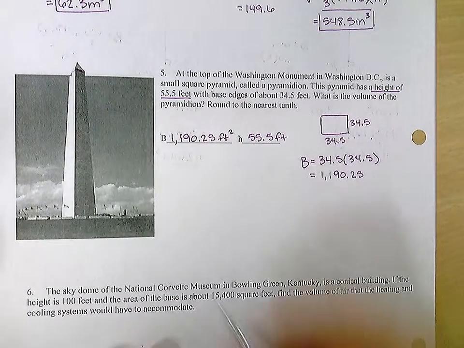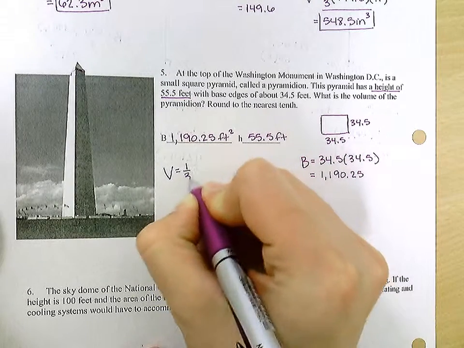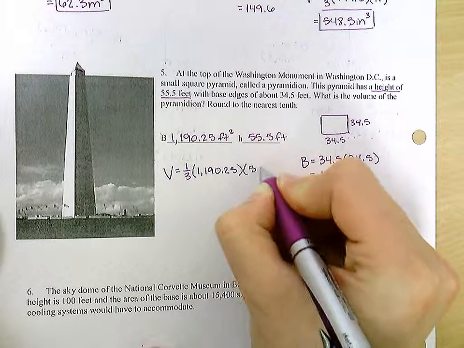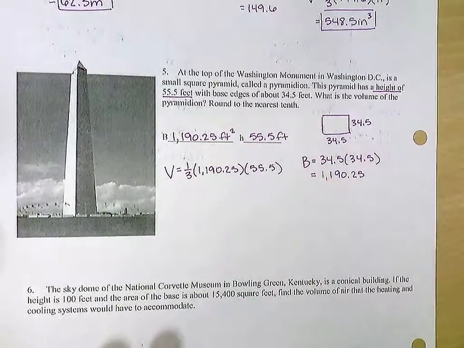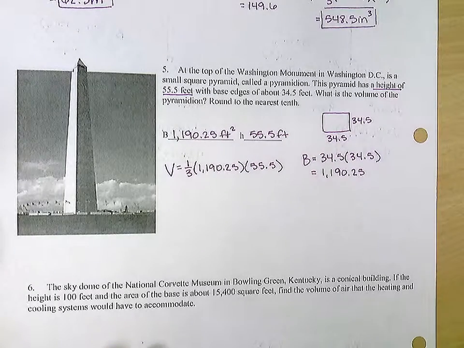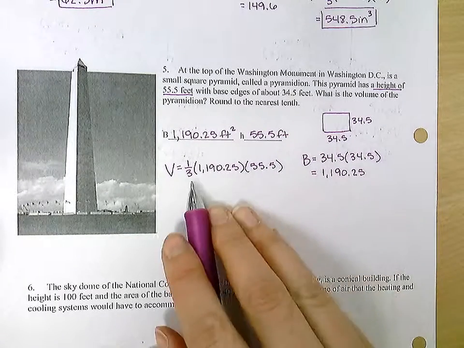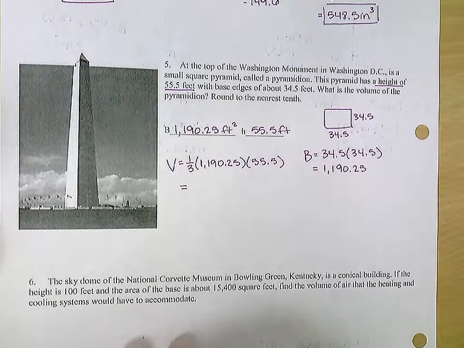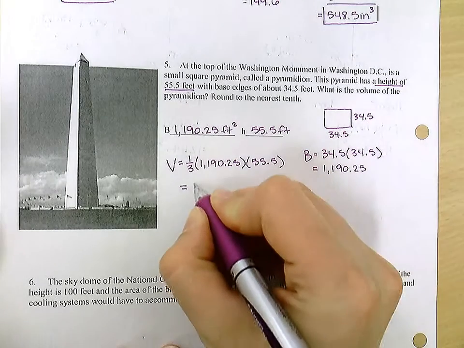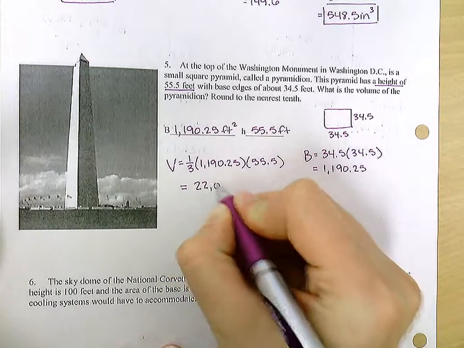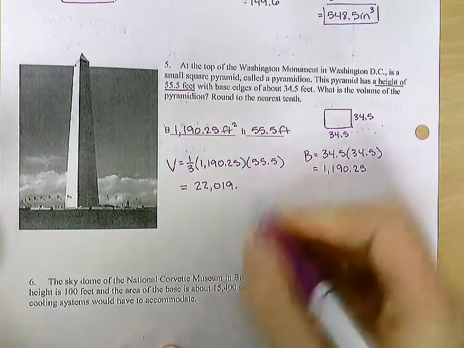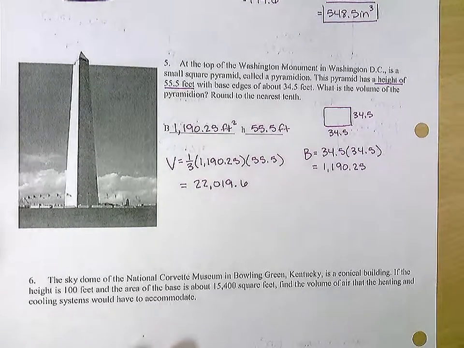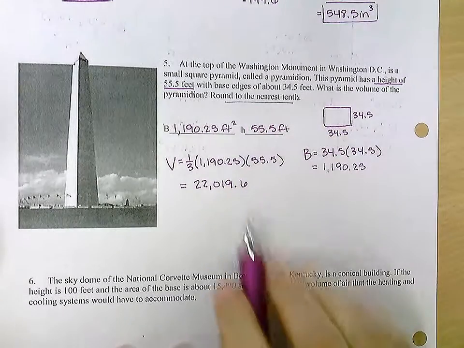Then I can find the volume using my volume formula of 1/3 capital B times H. So multiply, then divide by 3. And you will get 22,019. And it did say round to the nearest tenth, so 0.6. You do get 0.625, but rounding to the nearest tenth here, I get 0.6.